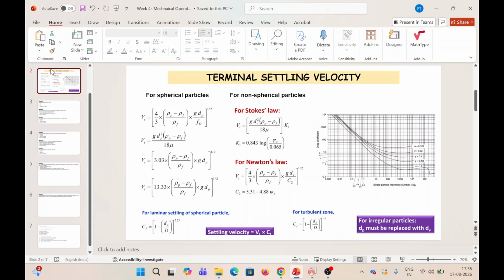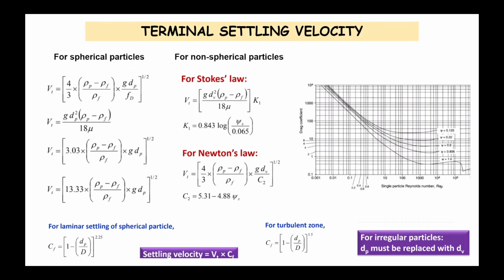If you see here, let's just focus on the left hand side of this particular slide. It is basically for spherical particles. These equations are derived by keeping all the 6 assumptions.